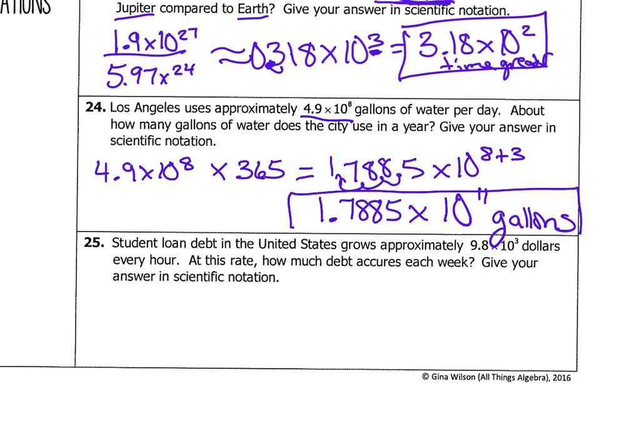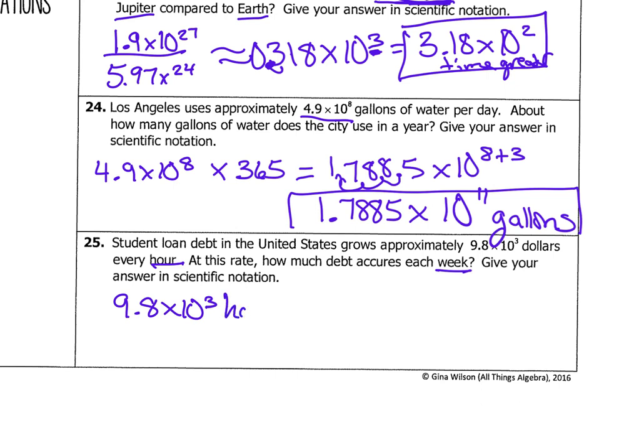Okay, last question. Student loan debt in the United States grows approximately 9.8 times 10 to the third dollars every hour. At this rate, how much debt occurs each week? Give your answer in scientific notation. So we have 9.8 times 10 to the third every hour, and we're going to weeks. So first we have to get to days, right?